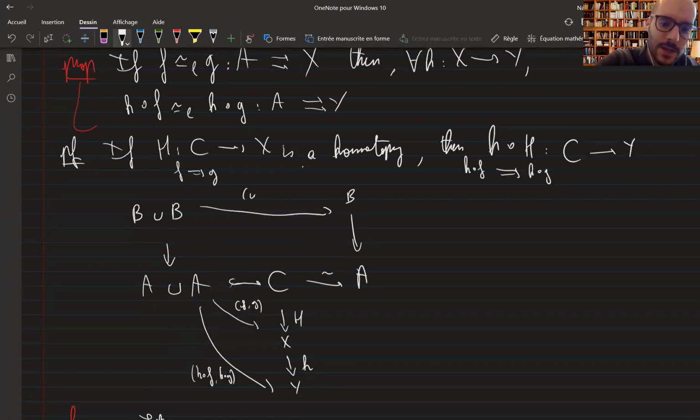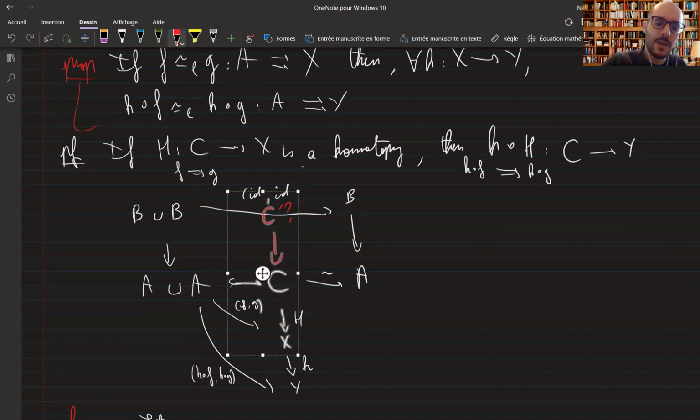Here you have identity, identity. But this is not of the form of a cylinder, because you would need something in the middle here to be a cylinder and to go here in order to have a map from B coproduct B into X. All right. So this is why post-composition works well, but pre-composition is not so clear.